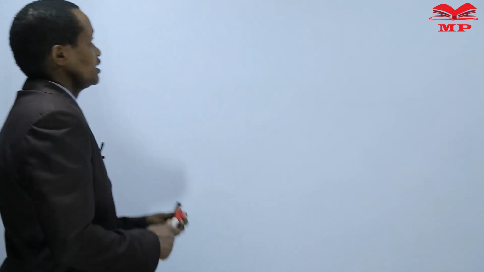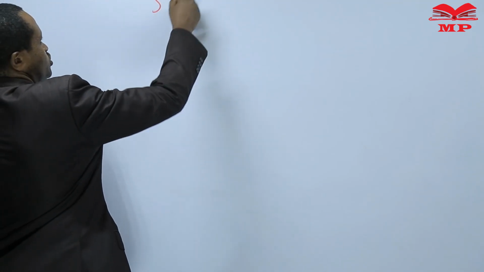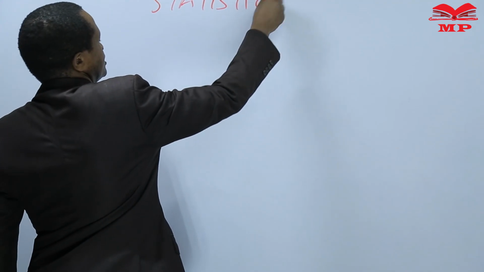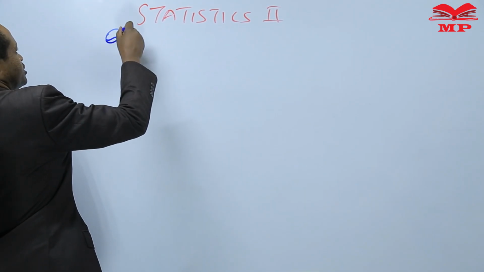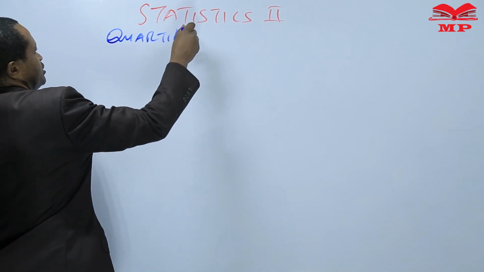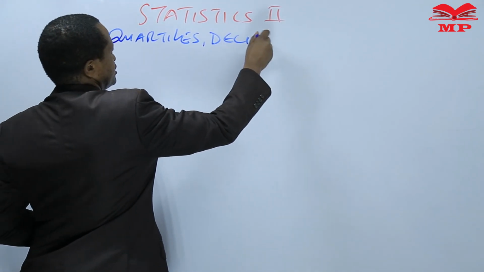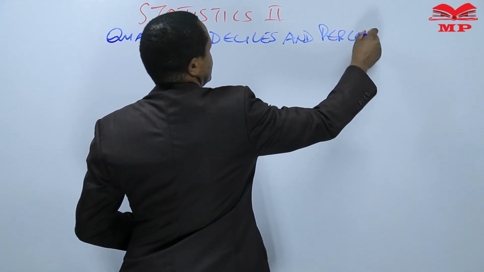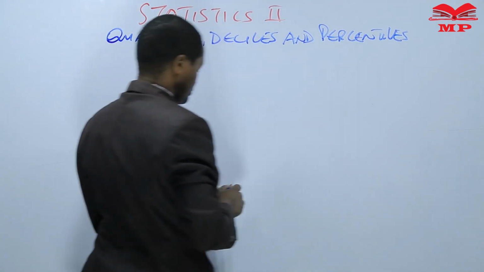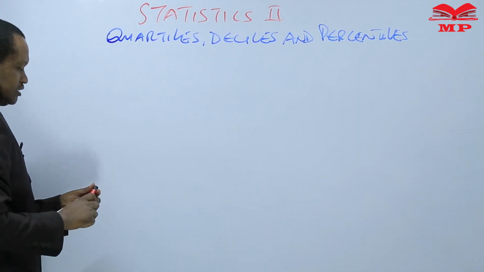In our last lesson, we introduced the subtopic quartiles, deciles, and percentiles under the broader topic Statistics 2. The topic is Statistics 2, and the subtopic is quartiles, deciles, and percentiles.